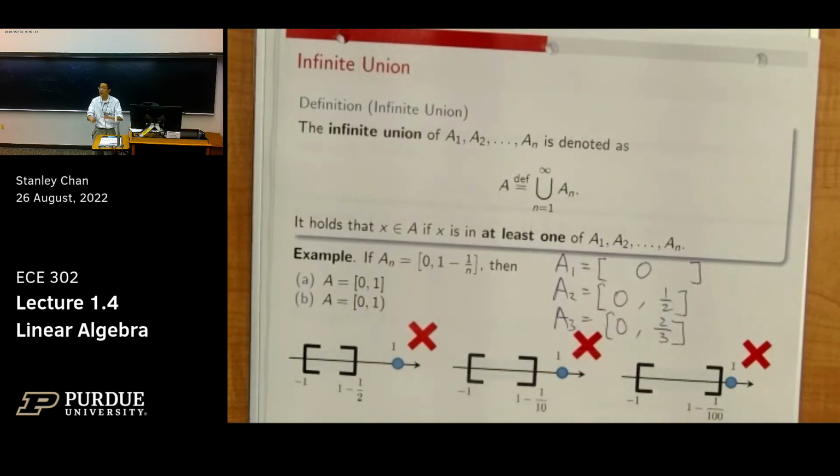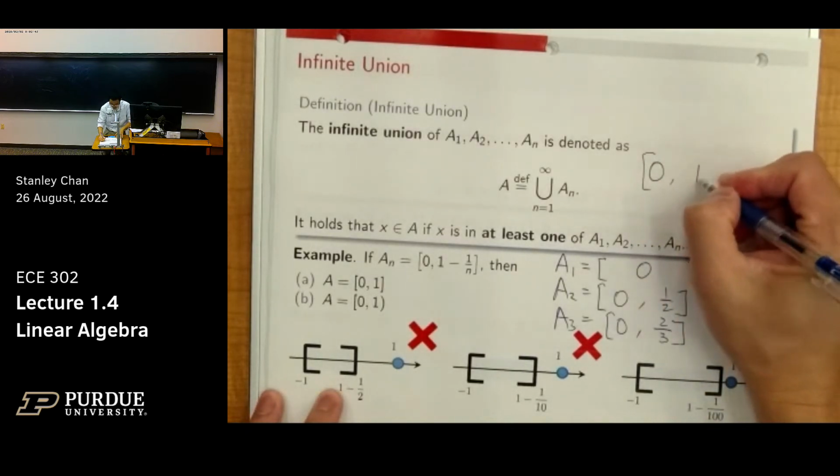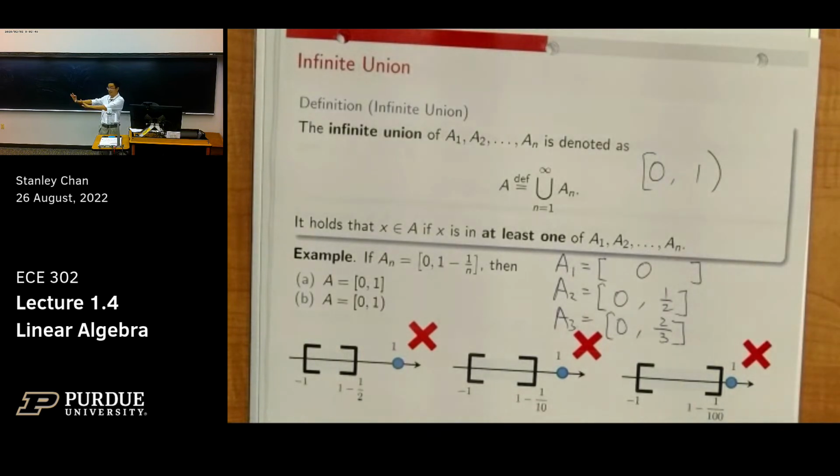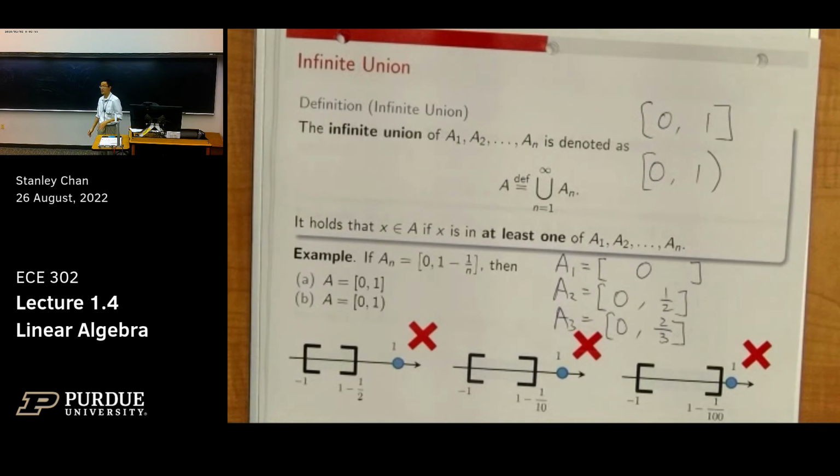So among the numbers from 0 to 1, anything less than 1, we're pretty safe. They're all fine. We just need to worry about this magical number called 1 to determine whether it is 0 and 1 closed bracket or 0 and 1 open bracket.